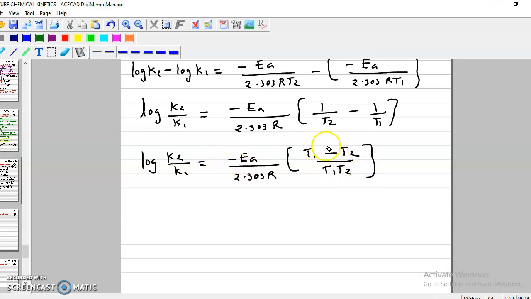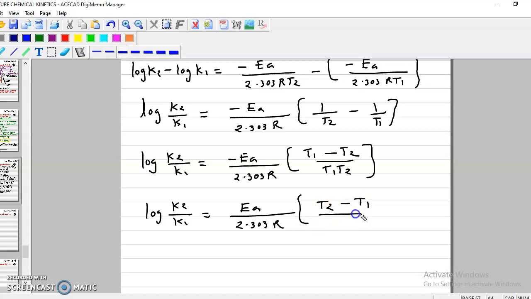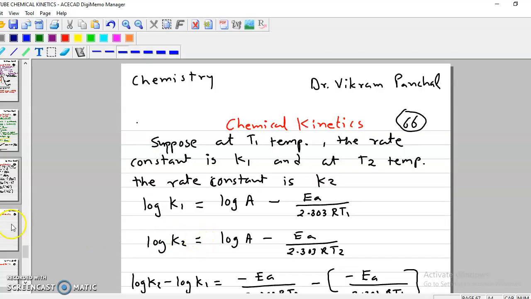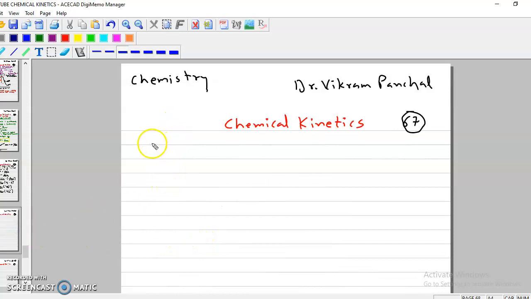If you put the negative sign inside, then log K2 upon K1 is equal to Ea upon 2.303 R bracket T2 minus T1 upon T1 T2. This equation is also used to find out energy of activation in different cases.